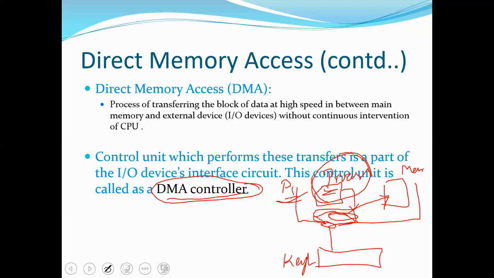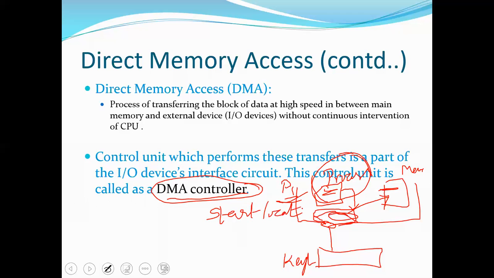Along with giving the permission, it will give some information that is required for direct memory access. So what information is required? Suppose I am transferring a large amount of data between the memory and the disk, or the network cable. I need the start location from where the data has to be read.